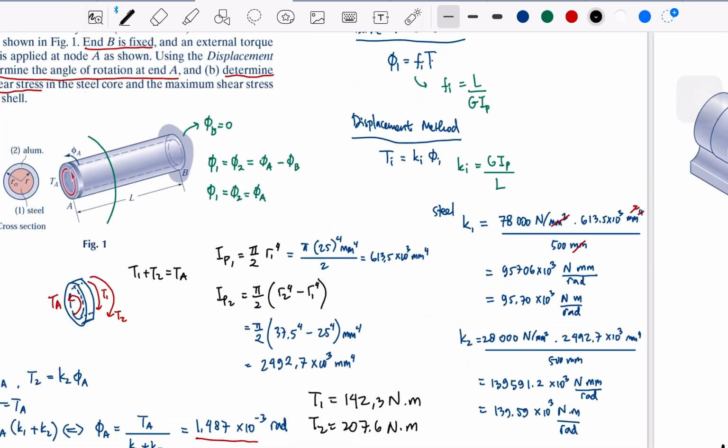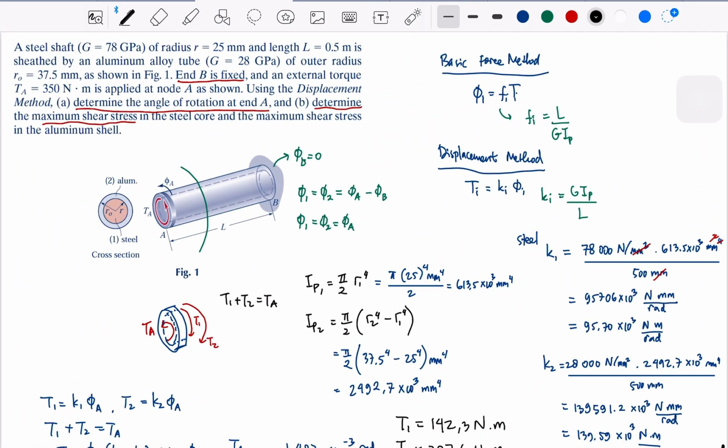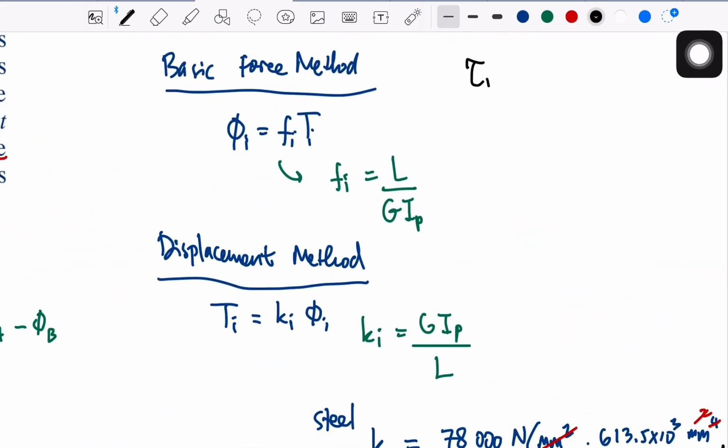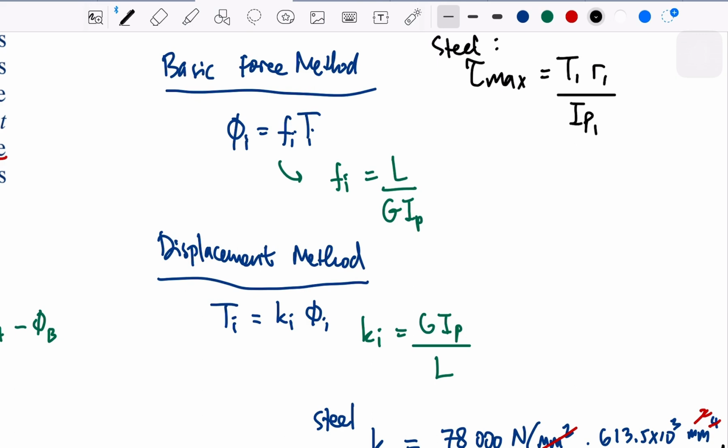Okay, so let me write here. So sigma, or not sigma, the tau max. So for steel, the tau max is, we define the steel as material 1, right? So T1, R1, and then inertia. So all the terms we can calculate, right?